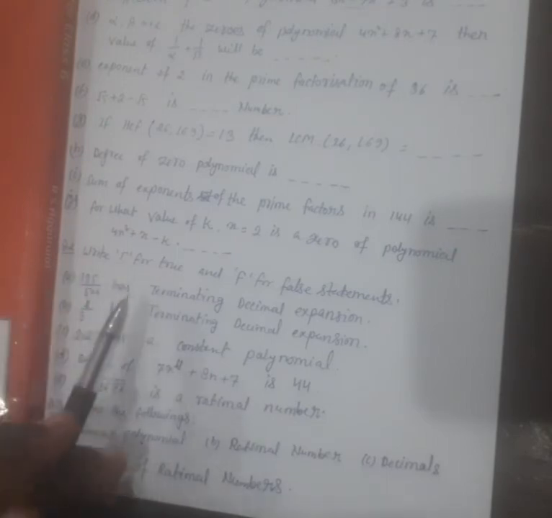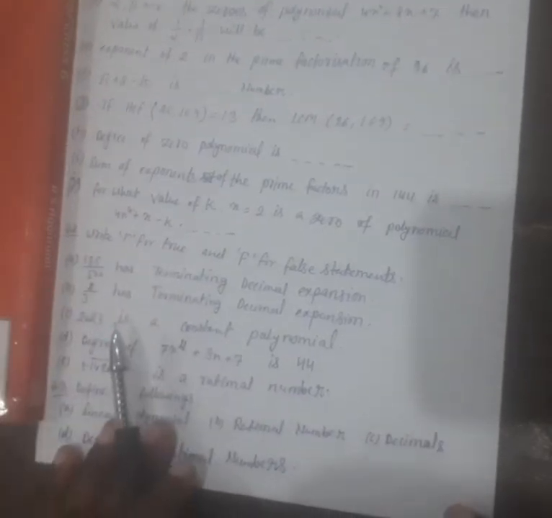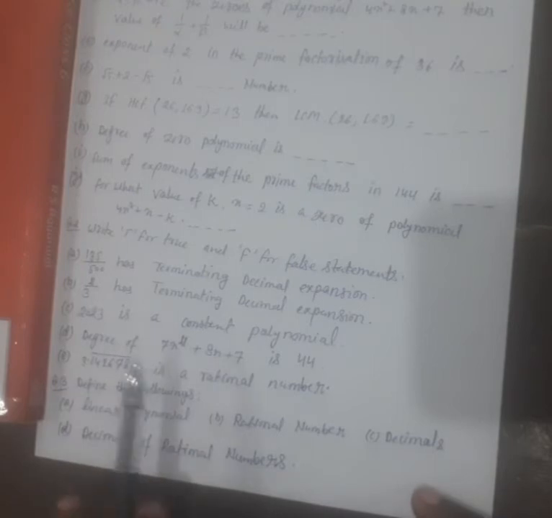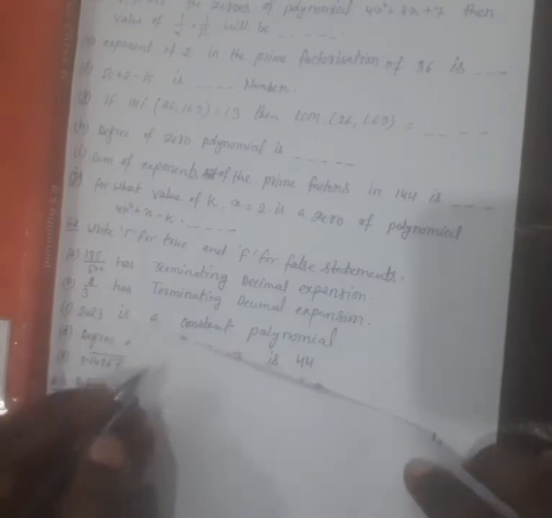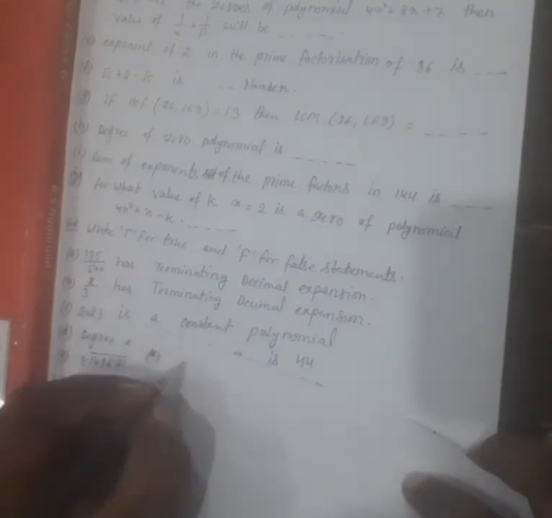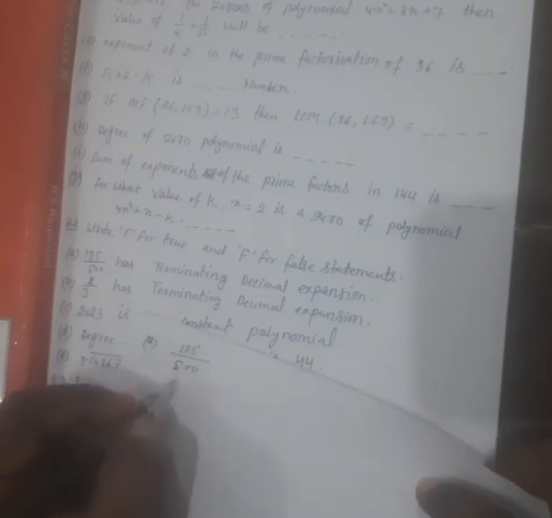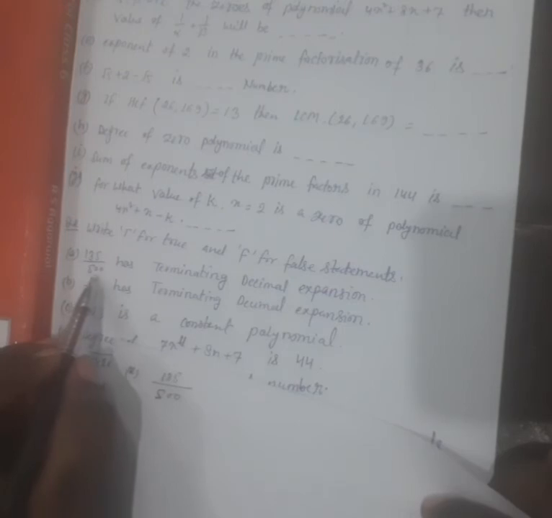See in this next question, question number 2. Question 2 says write T for true and F for false statement. Okay, for a true statement we have to write T and for a false statement we have to write F. See here in question A, this is 135 upon 500. How will you say that this 135 upon 500 has a terminating decimal expansion?